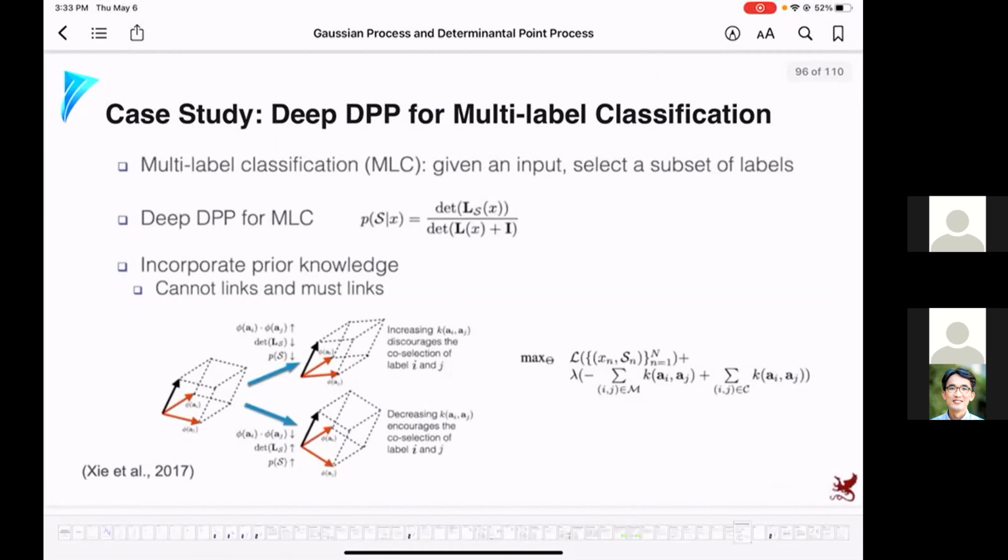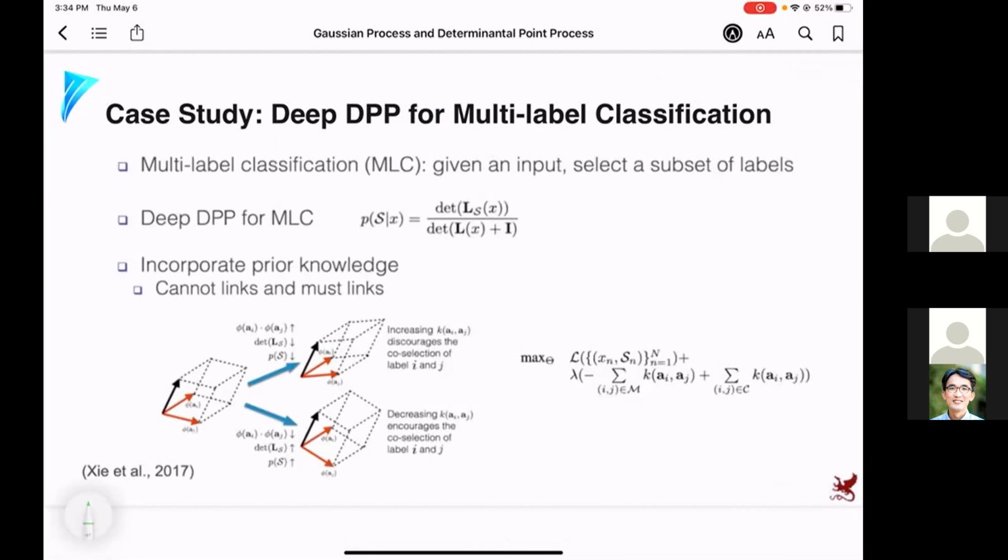And then we can use a DPP model to model this. Together, we are going to introduce some knowledge to make it better. For example, if we consider a desk and a chair, these two may be very likely to appear together inside one image, right? But if we consider the sun and the star, it's very unlikely for the sun and star to appear inside one picture, right?